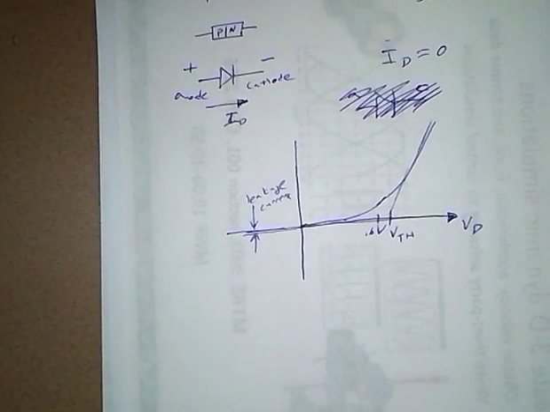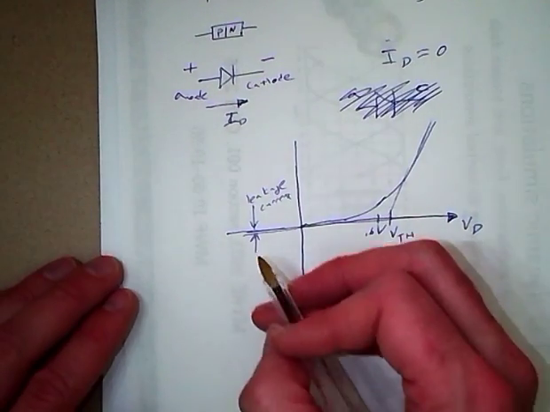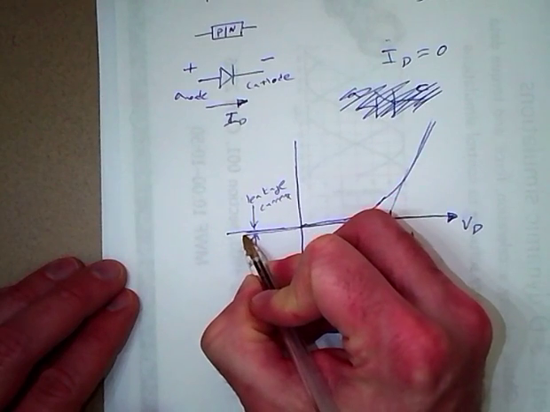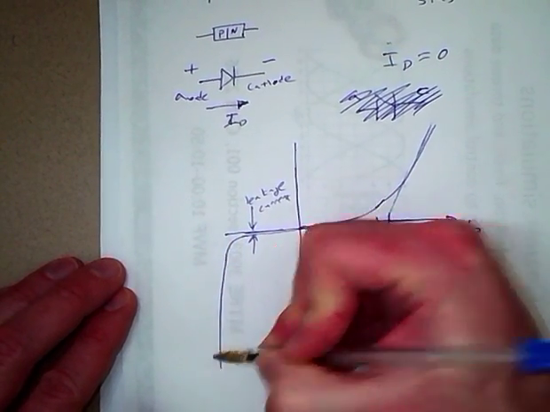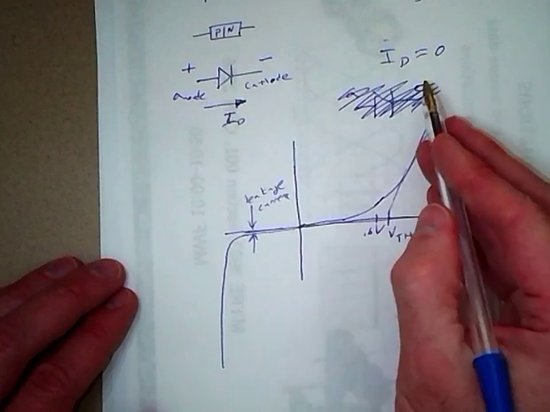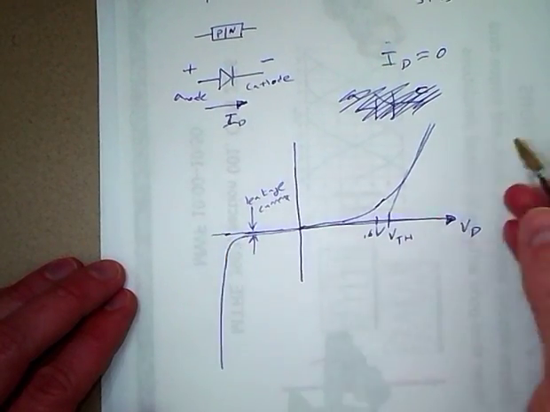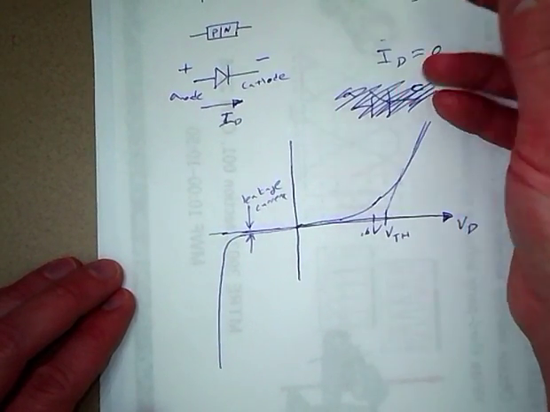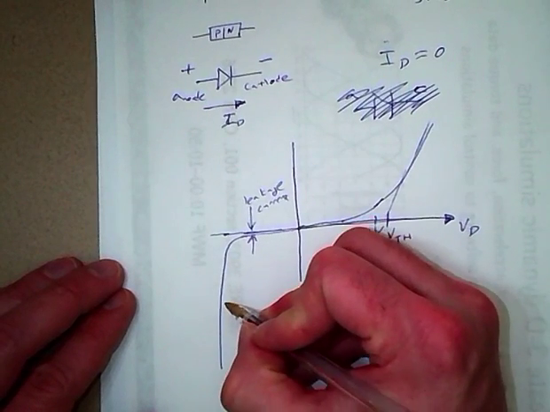Okay, leakage current. And then once we get to a certain voltage, all of a sudden we get a bunch of current. So we get current flowing through the diode in the reverse direction. And that's called avalanche current.